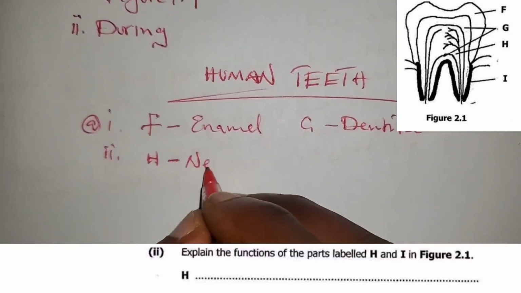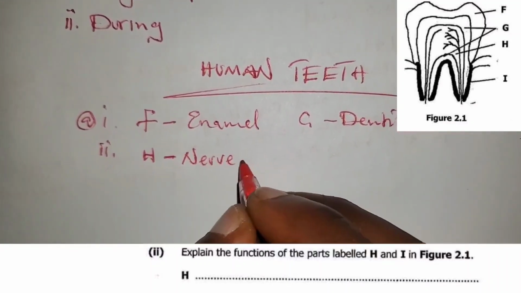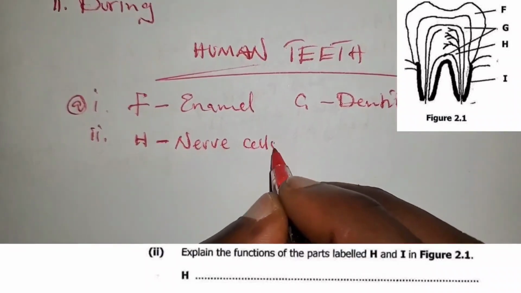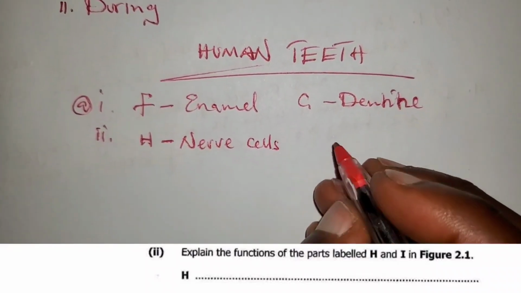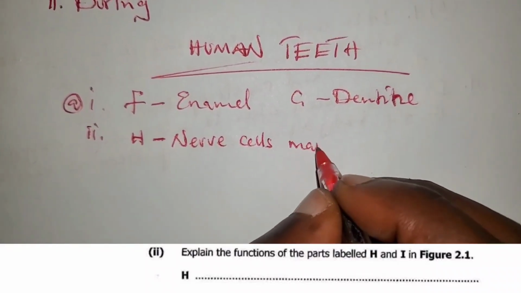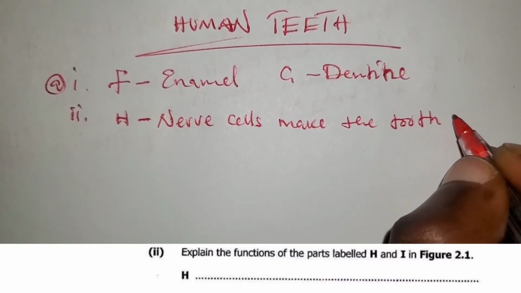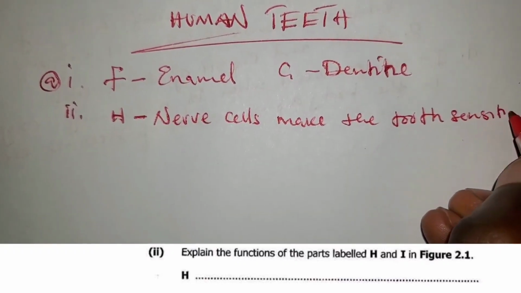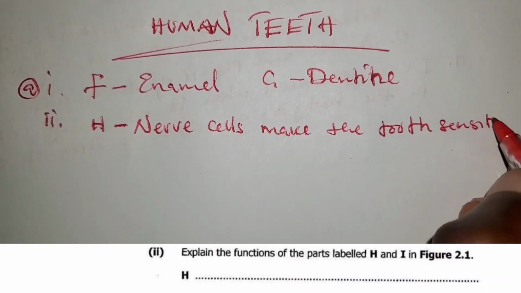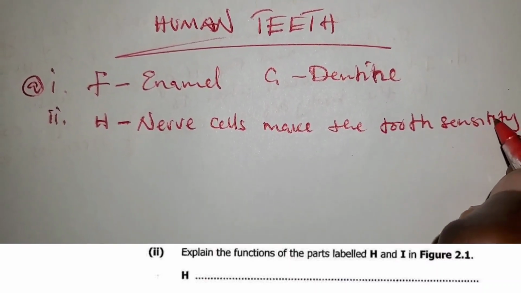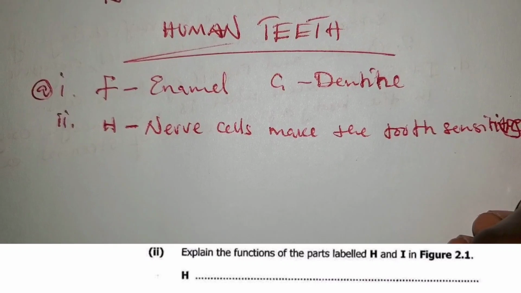So you can say nerve cells make the tooth sensitive. Okay.